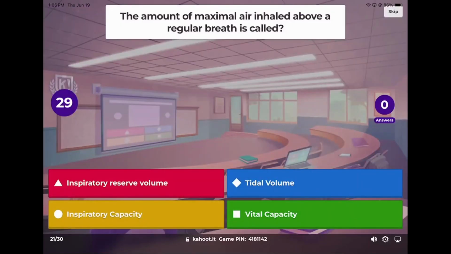Okay, the amount of maximal air inhaled above a regular breath. So what do we call regular breathing? Tidal volume. So what is the amount of air above tidal volume that you can breathe in?